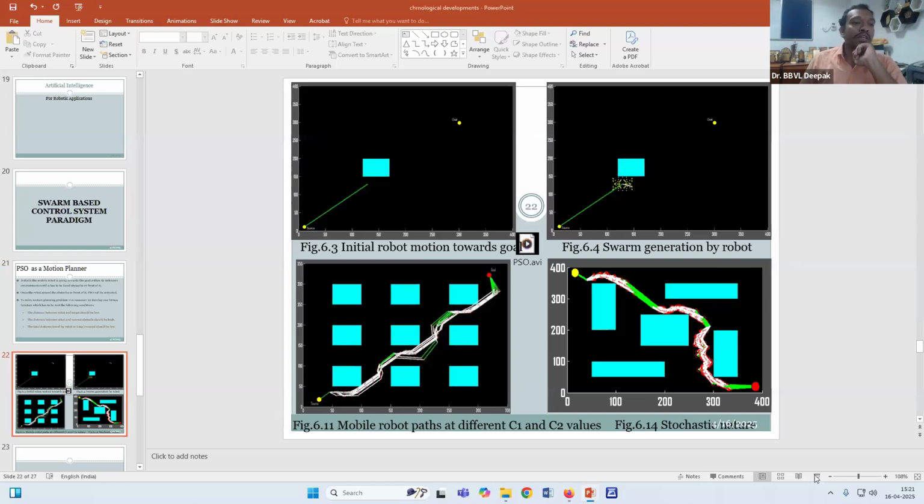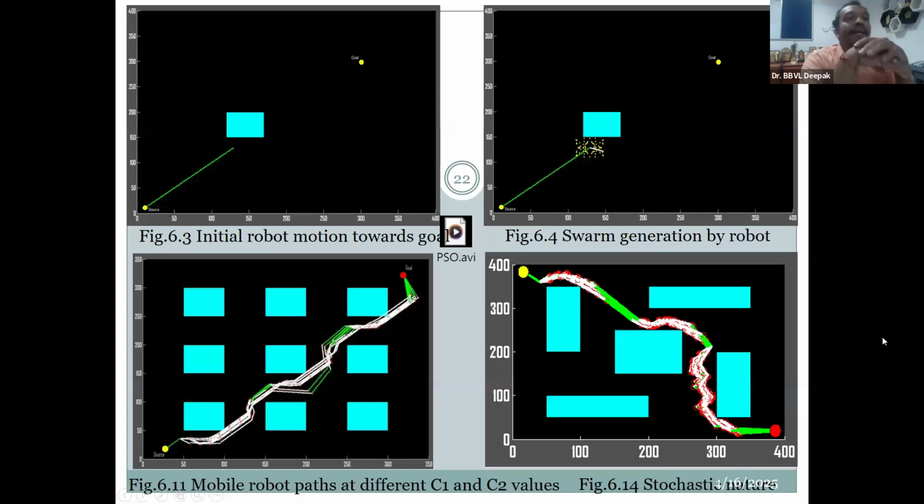And here you can also observe that there may be a number of paths that the robot may face, and among these we have to find the best, and then do certain evaluation further for the refinement of the path.